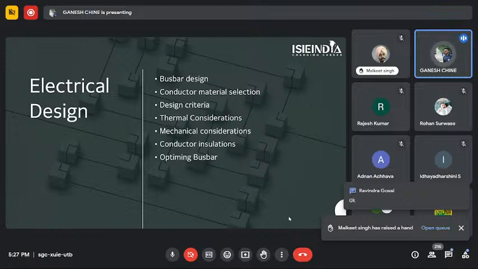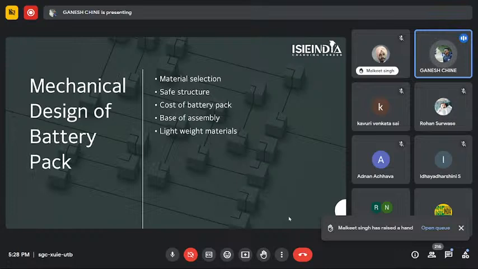Next is the mechanical design of the bus bar. While designing the mechanical system for the bus bar for a battery pack, we require material selection. Mainly, we recommend lightweight materials such as aluminum casing for the battery pack and a safe structure.